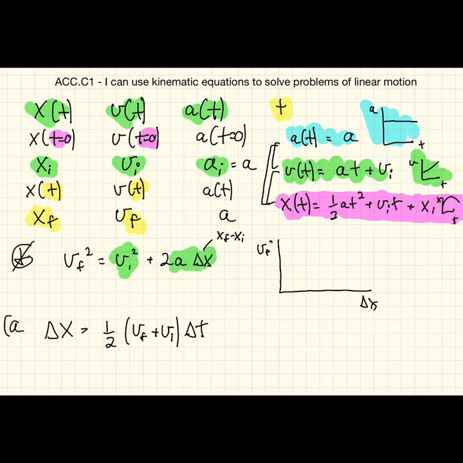If, however, the acceleration is equal to 0, then this part here is just equal to v initial, because v initial plus v initial divided by 2 would just give me v initial. So this is an equation that you would only really use if the acceleration is not equal to 0. Otherwise, you just end up with this equation here.